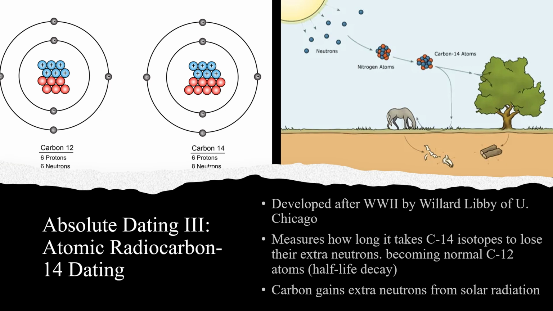Carbon-14 dating works by measuring how long it takes for carbon-14 isotopes to lose their extra neutrons to become regular carbon-12, as you can see in the atomic model on the left-hand side of this slide. Carbon atoms gain extra neutrons from solar radiation.